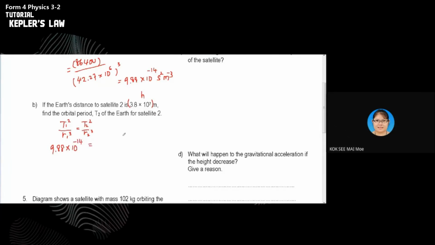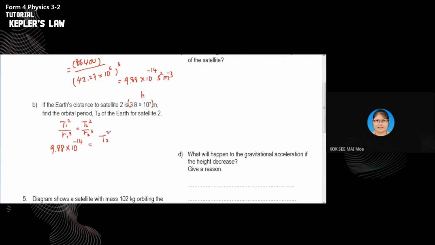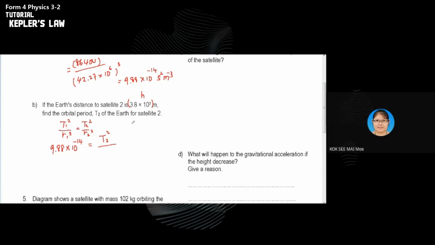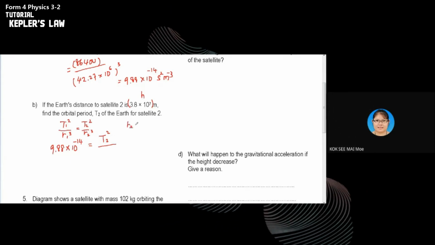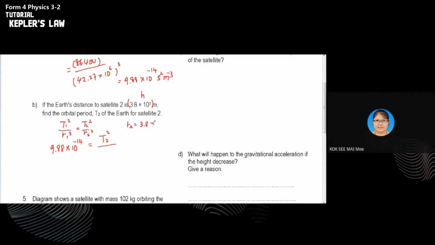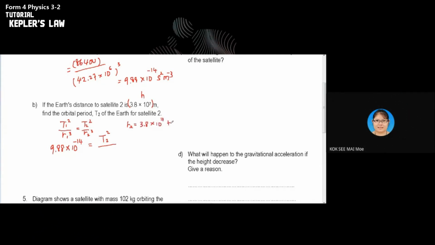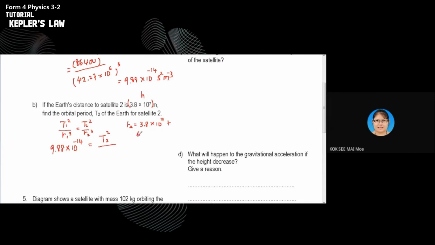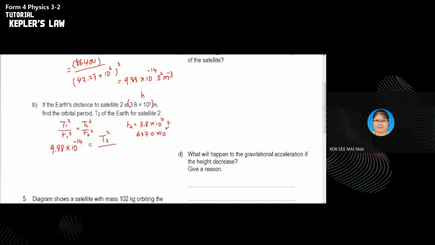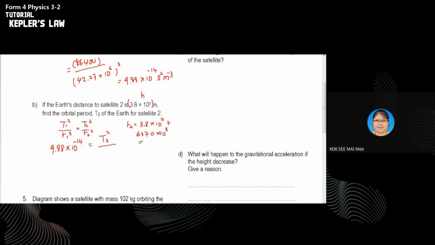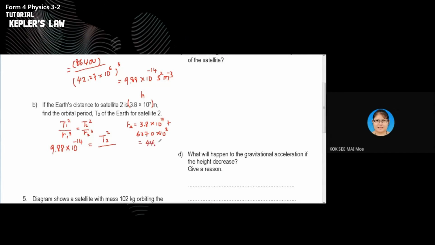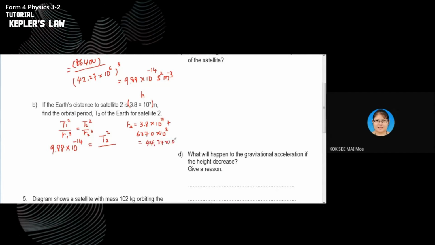Now we apply T2 squared. You need to find out R2 first. R2 now is 3.8 times 10 power of 7 plus 6370 times 10 power of 3, the radius of the Earth. After you add, I get 44.37 times 10 power of 6.